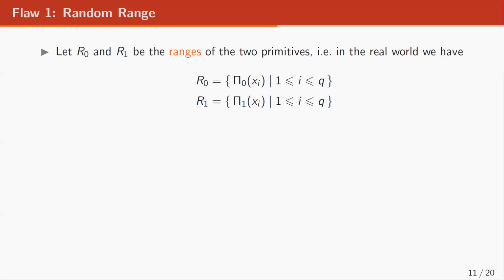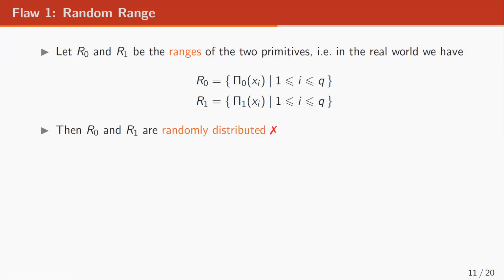So now we will go over the different errors. The first one is called random range. When the distinguisher is interacting with the permutations or with the construction, it also makes primitive queries. For example, in the real world, these are random permutations. We can look at the ranges of these permutations, S0 and S1, as R0 and R1. These are outputs of random permutations, so R0 and R1 should also be randomly distributed.